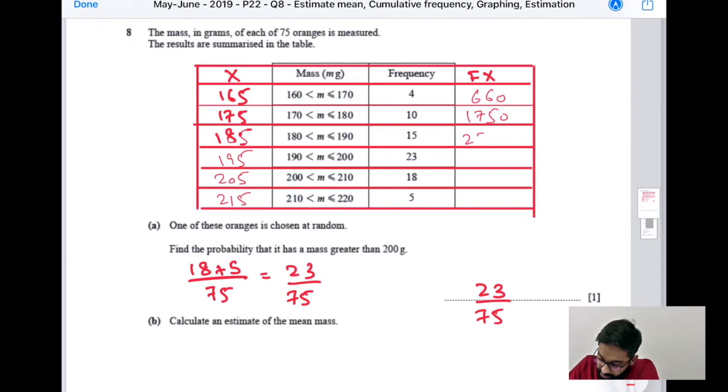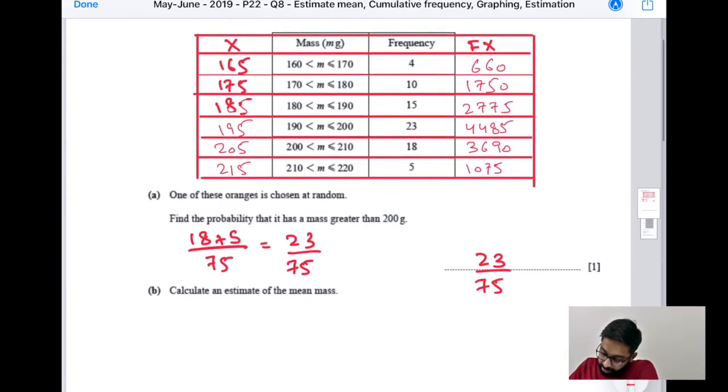Then you multiply 195 by 23, you get 4485. Then you multiply 205 with 18 and you get 3690. Then the last one is 215 times 5, which is 1075.